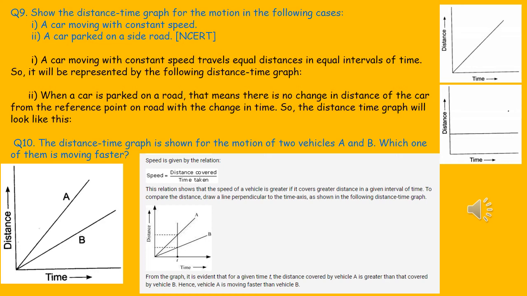On the y axis, we are dropping perpendicular with dotted line. That means within a given time, we have to identify which car has travelled more distance. It can be easily seen that within a given time, car B has travelled less distance than car A. So, car A is moving faster than car B.